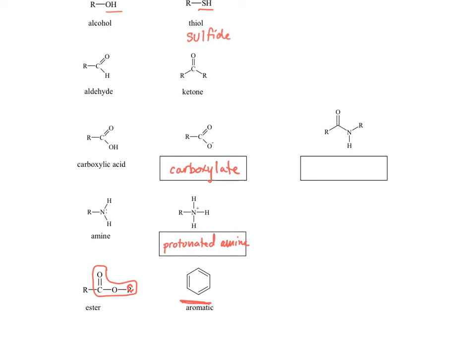And that, do you recognize it? Sometimes our organic chemistry professors call that an amide. Us biochemists tend to call it an amide. I don't really care what you call it as long as you recognize it. And the key is that amides have a nitrogen with a free pair of electrons, but unlike the amines, this nitrogen is right next door to a carbonyl.